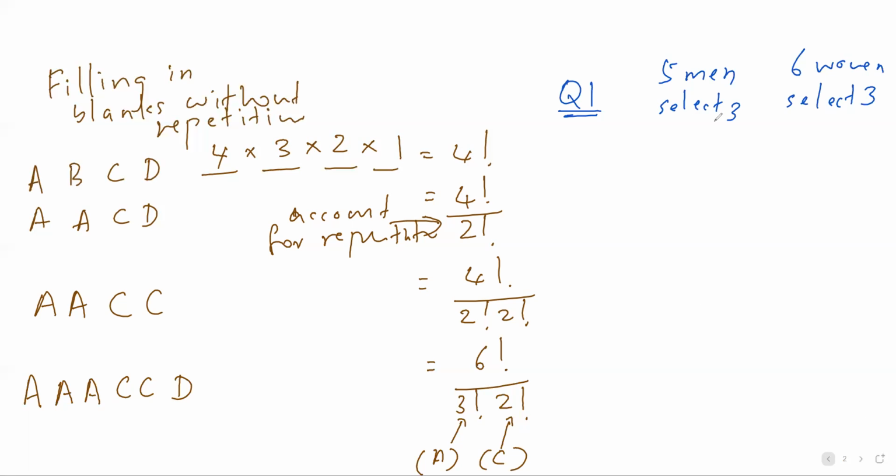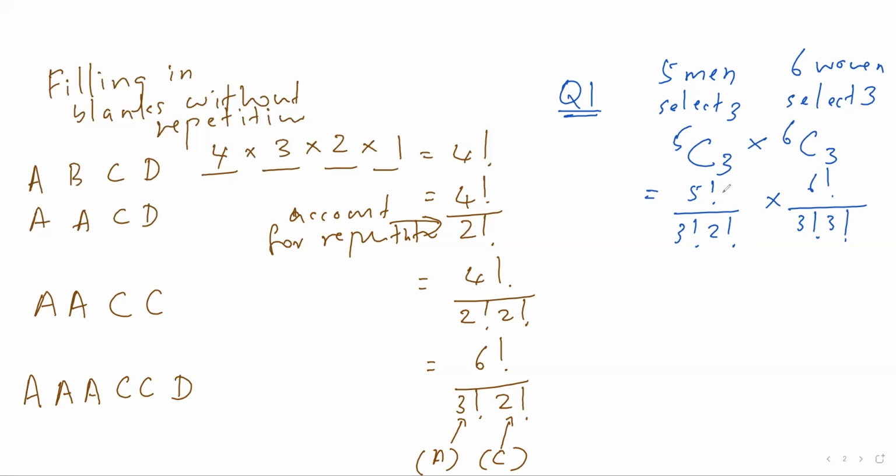So the first, out of 5, we must select 3, choose 3, and so it's "and", okay, so it's a task, and out of 6 you select 3, you choose 3. Okay, so this is like 5 factorial over 3 factorial, 2 factorial. This is 6 factorial over 3 factorial, 3 factorial.